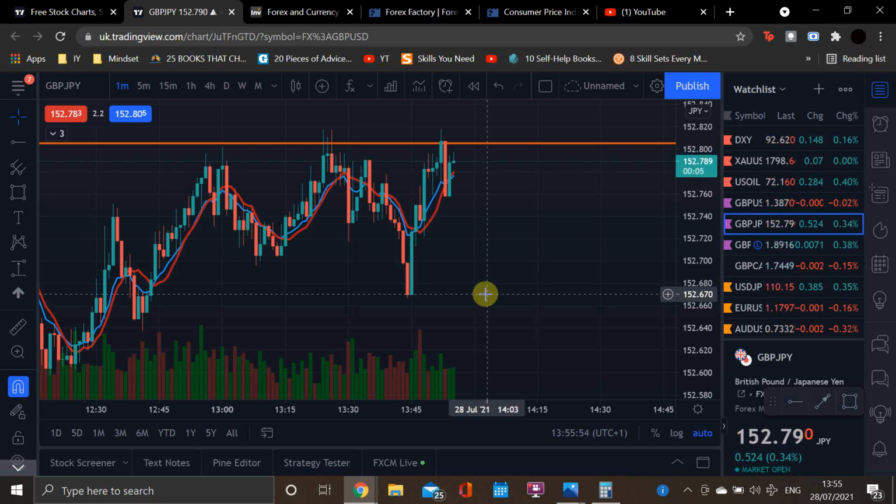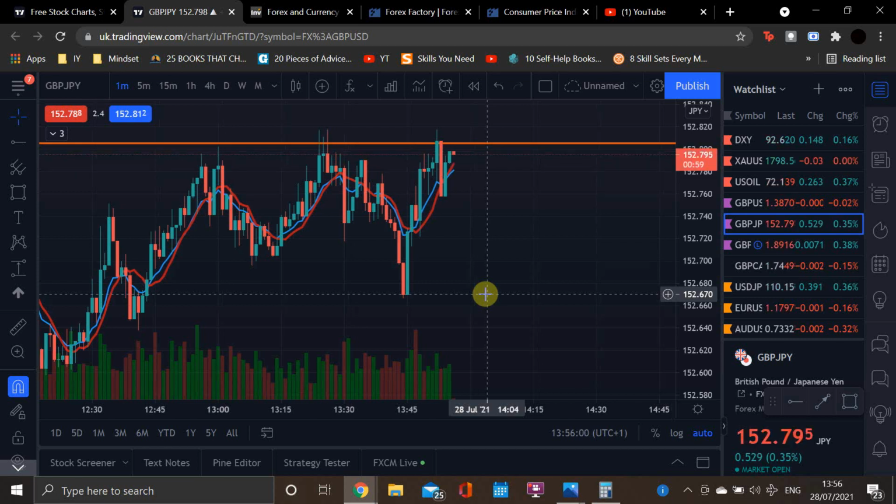I don't need to look at GBP AUD, I've got my stop loss. GBP JPY is climbing up. GBP USD.